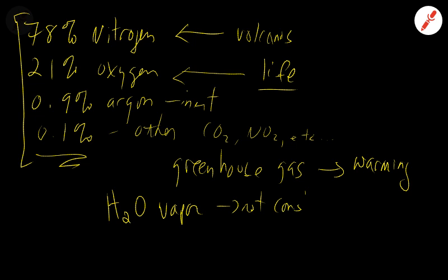It's not even remotely constant. It changes, it fluctuates. The quantity of it changes from one place to another, from one time to another. It can range up to like 4% of the atmosphere, and all of the weather, the clouds are made up of condensed water vapor droplets. All of the weather is driven by water vapor and by the changes in water from its various states.